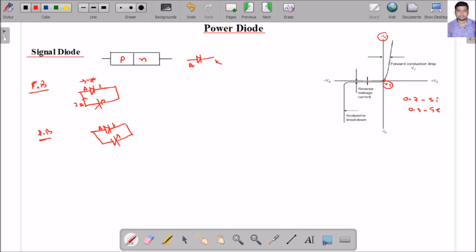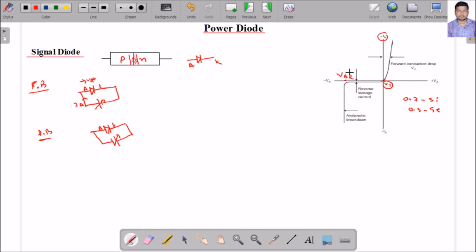But as I keep increasing the negative voltage, at some voltage known as the reverse breakdown voltage, the junction breaks down, so that a heavy amount of current flows.